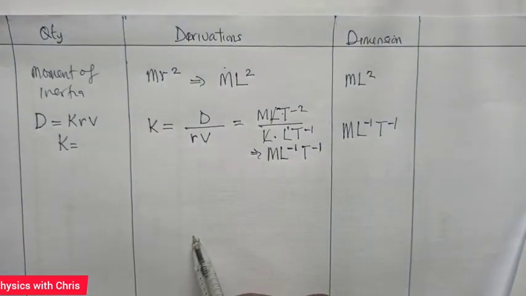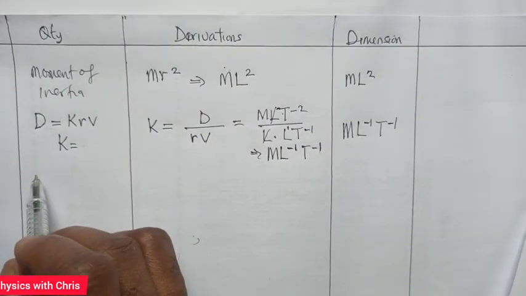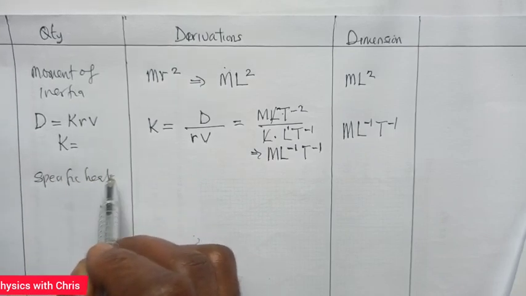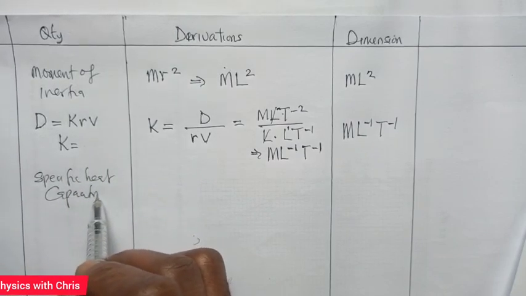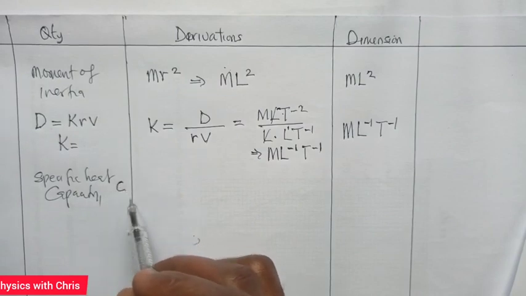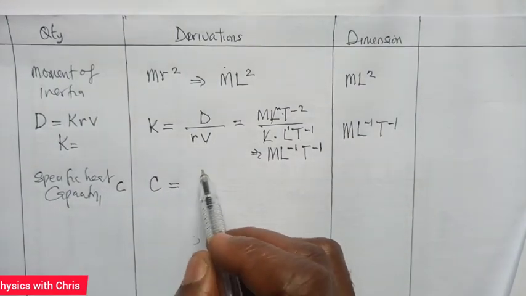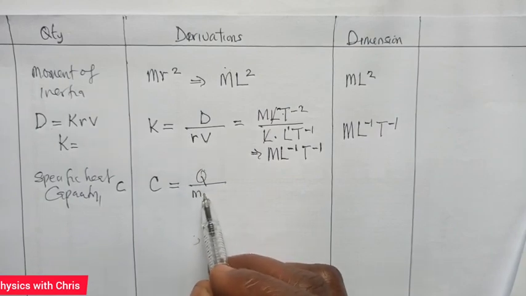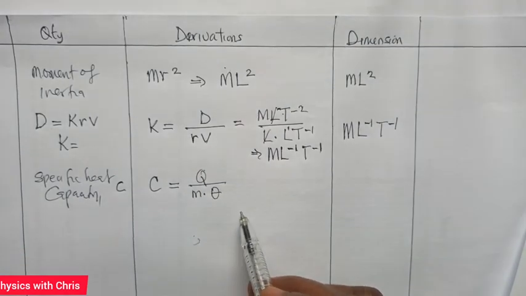Okay, so let's take the dimension of specific heat capacity. How do you dimension specific heat capacity? The symbol is C. It is defined as the heat energy supplied to the body, Q, over the mass of the body times the temperature change of the body.